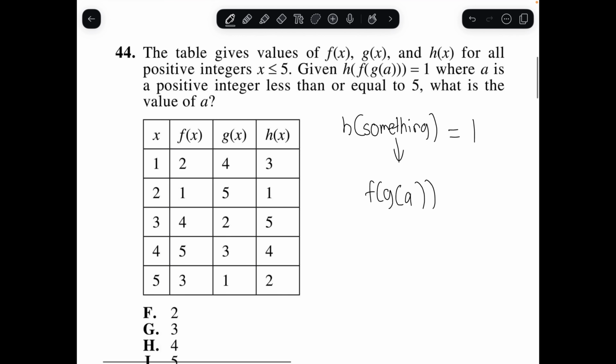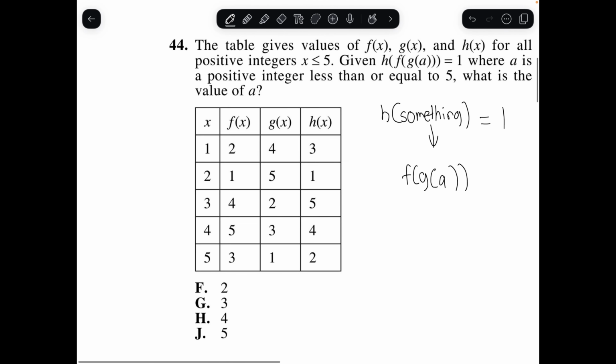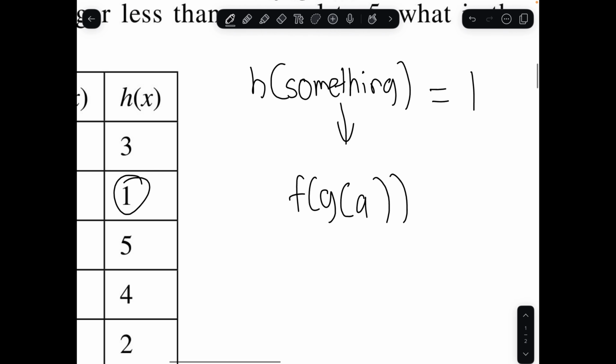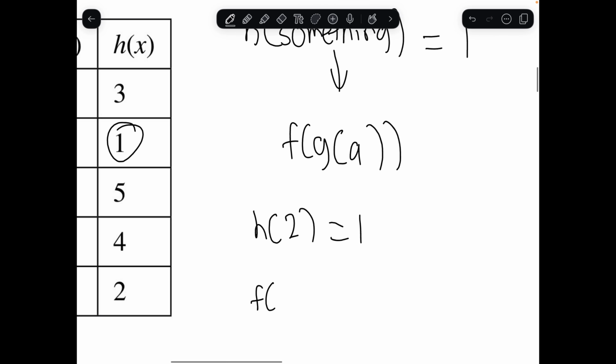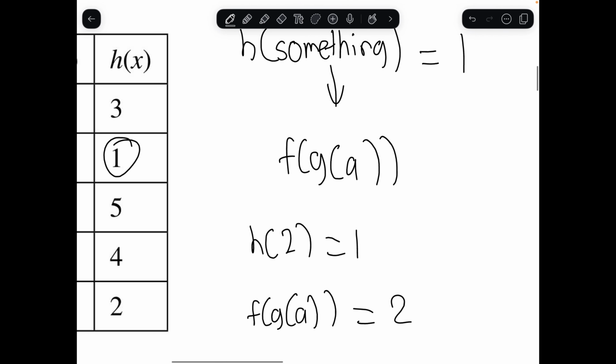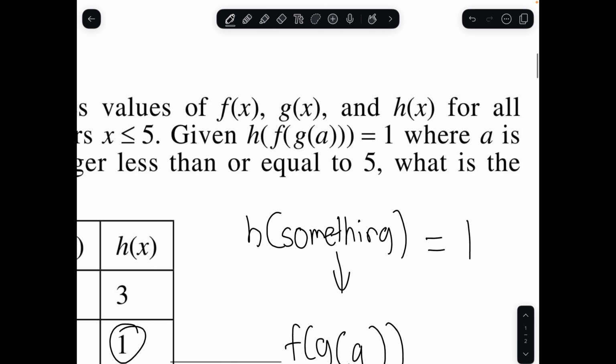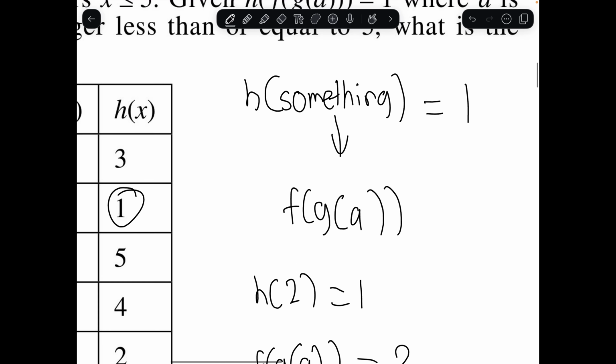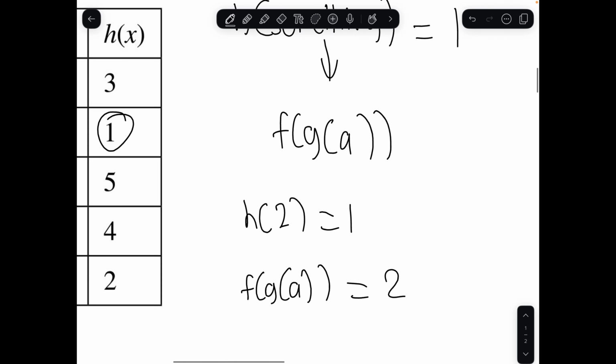Well, h of what equals 1? h of 2 equals 1. This means that f of g of a has to equal 2, because we know that h of 2 equals 1, so they're interchangeable.